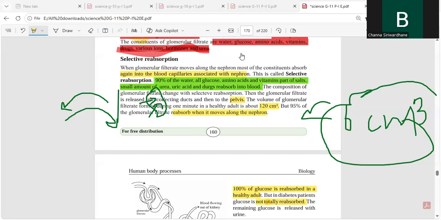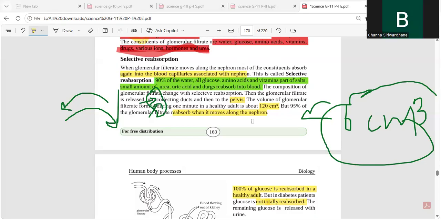Our last section was what is the difference between the urine of a healthy adult and a diabetes patient? Right? Okay.